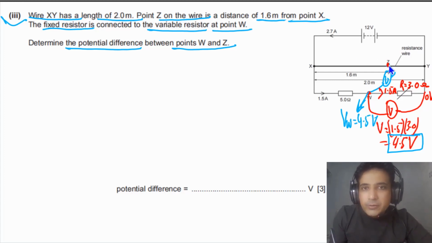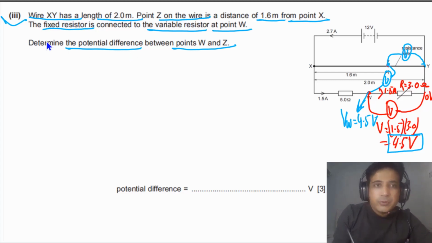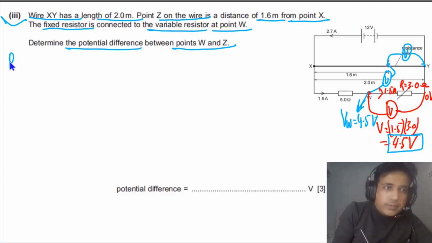Now we need to find the potential at this point. So we can also connect a voltmeter between Z and Y, and find the reading on it. In order to find the reading on this voltmeter, first of all we need to understand resistance.